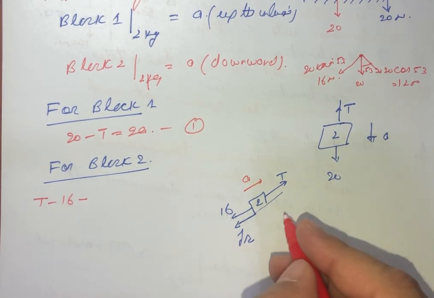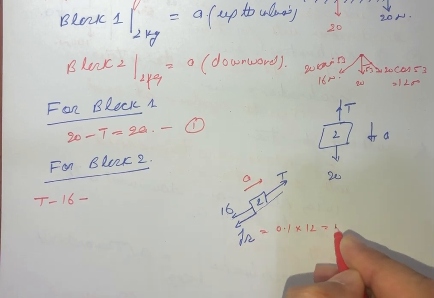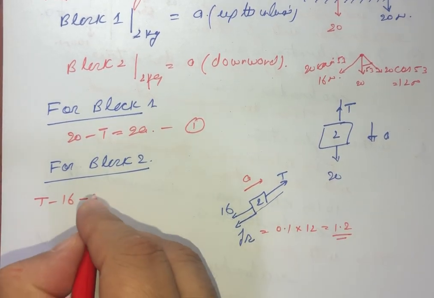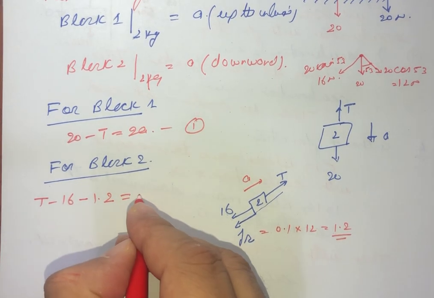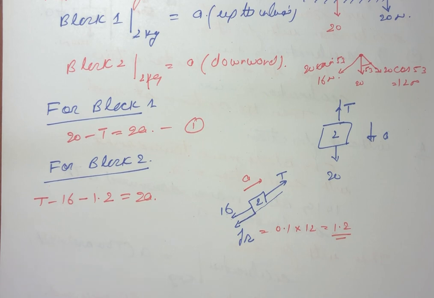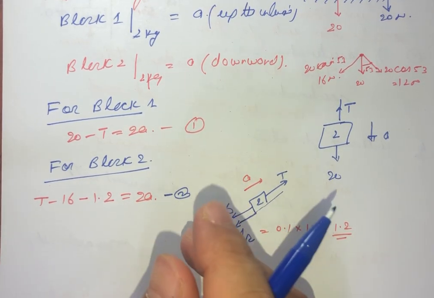So Fr is equal to 0.1 into 12, so this will be 1.2. T minus 16 minus 1.2 is equal to 2A. So this is equation number 2.